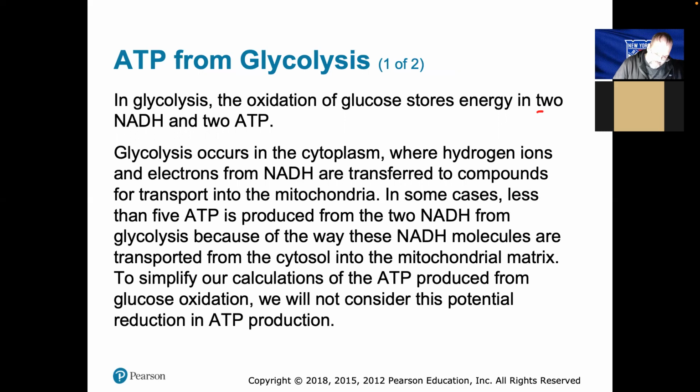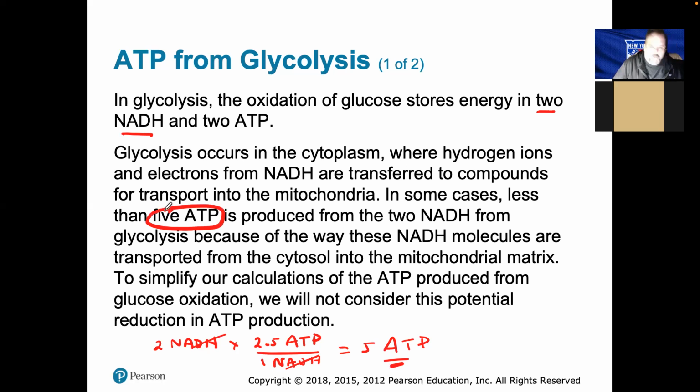Because if you think about it, based on what we saw in the last slide, if you generate 2 NADH, and there are 2.5 ATP for every 1 NADH, that's going to give us 5 ATP. So that's where this number 5 comes into play.